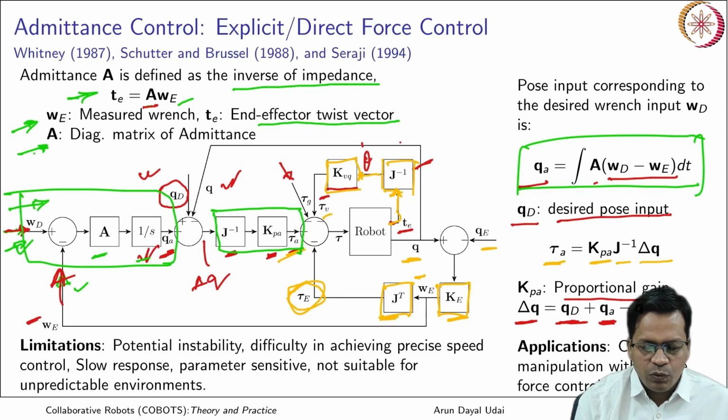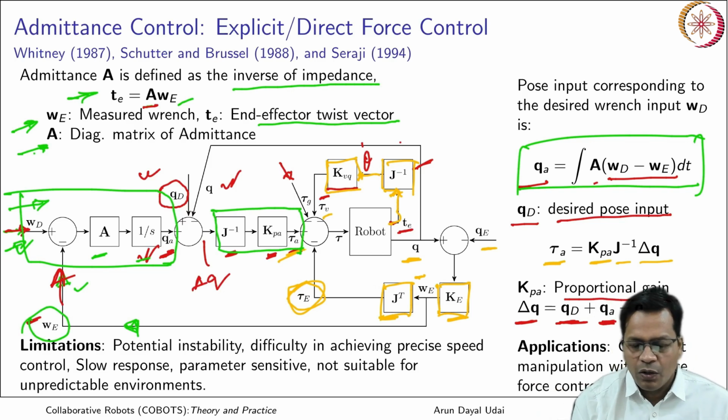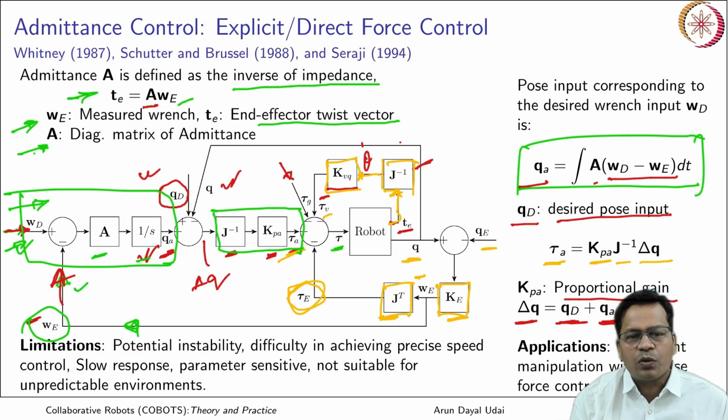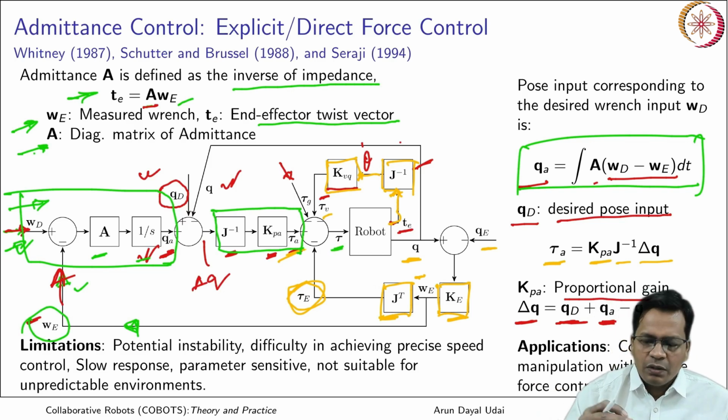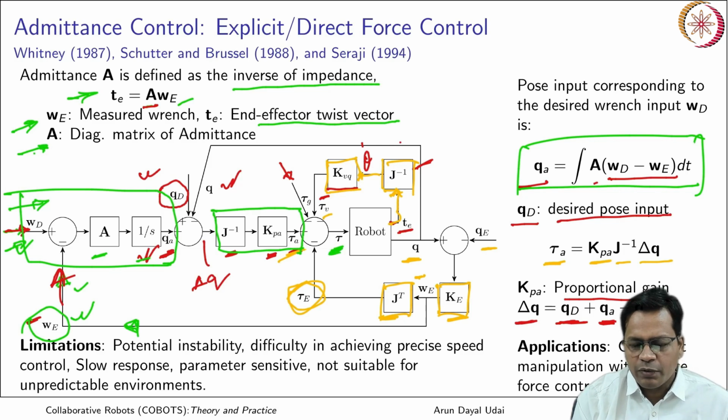You have We, which is set as a feedback sensed through the external force torque sensor. So again you are depending on an external force torque sensor. Although the robot is a torque controlled robot, in this case the robot is also compliant because it is sensing the end effector force torque, and the joints are compliant because of the torque driven robot.